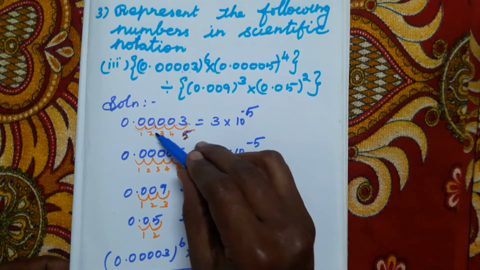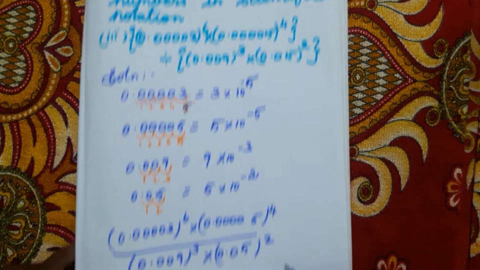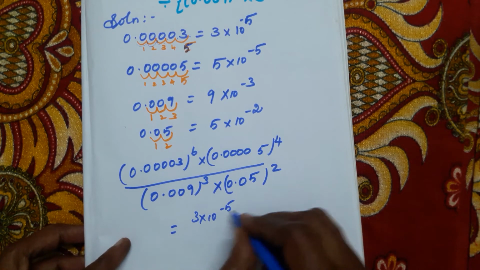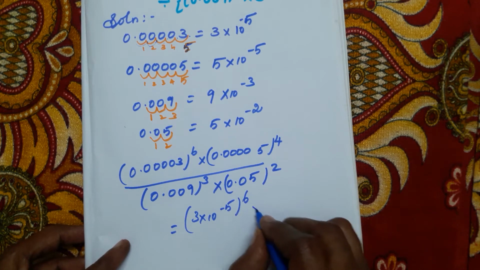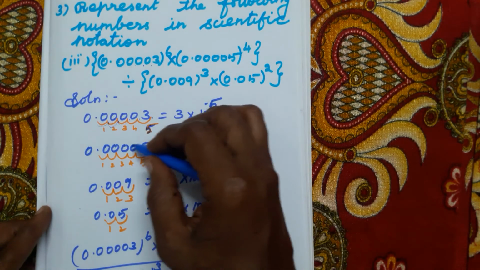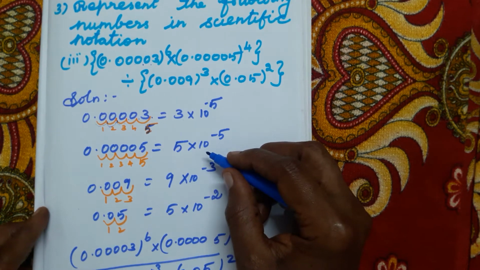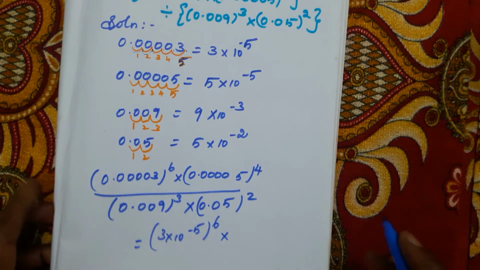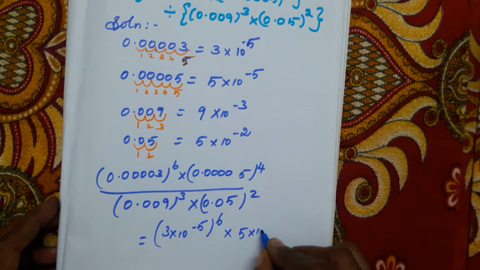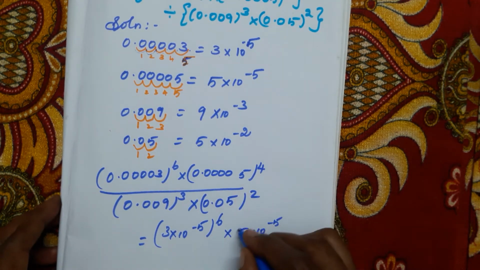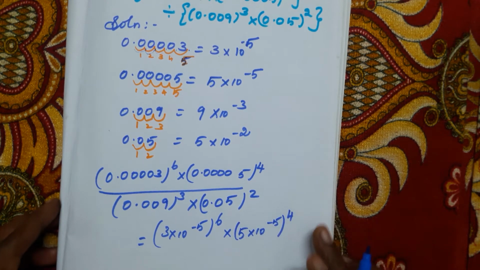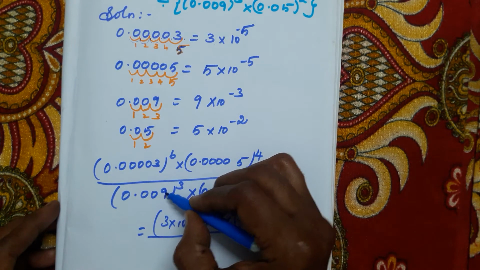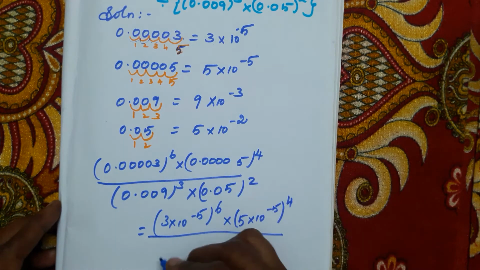In place of 0.00003 we can substitute 3 into 10 power minus 5, in the whole power 6, into, in place of 0.00005 we can substitute 5 into 10 power minus 5, the whole power 4. Next, divided by, in place of 0.009, we can write 9 into 10 power minus 3.